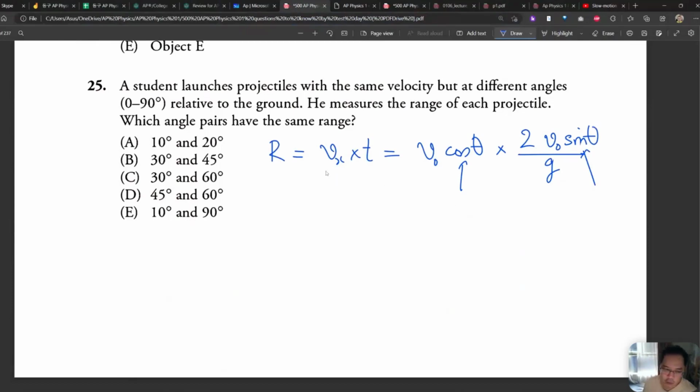So you have cosine and sine in this equation. The two angles which add up to 90 degrees, are they called supplementary angles?